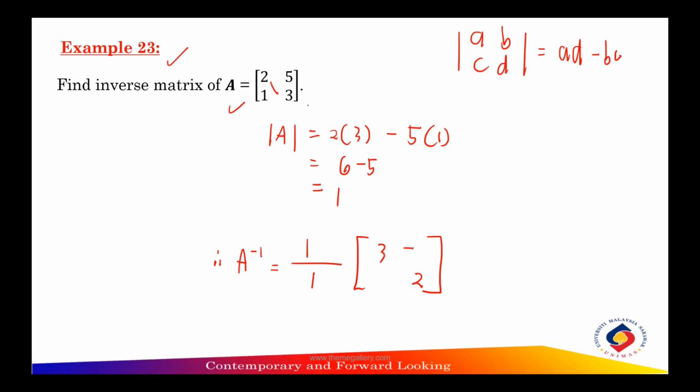So negative 5 here becomes negative 5, and 1 here becomes negative 1. Then we can see the inverse of matrix A is given by 3, negative 5, negative 1, and 2.